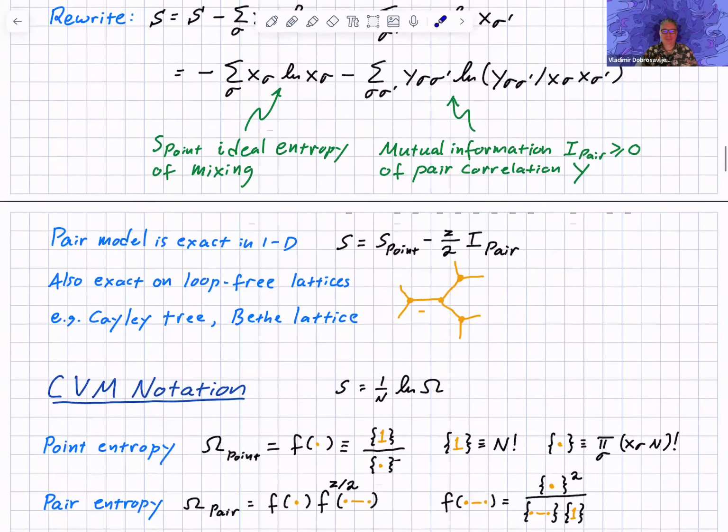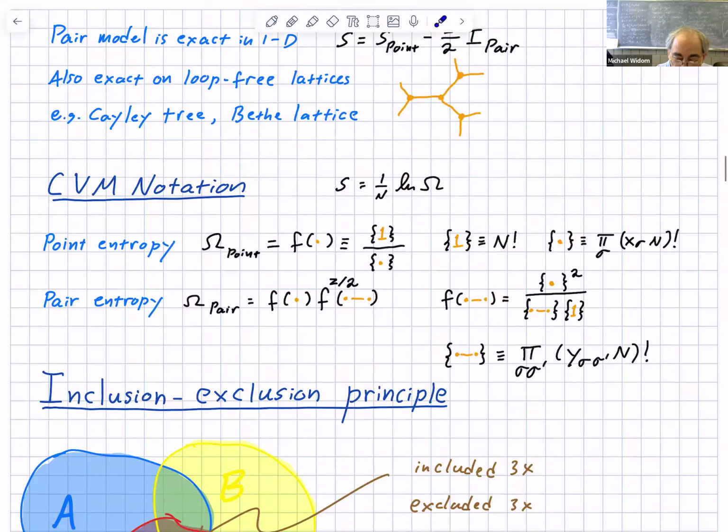Okay. And now I'd like to introduce some peculiar notation that is used in this field of the cluster variation method. So as always, the entropy is going to be the log of this omega. How are we going to write omega?